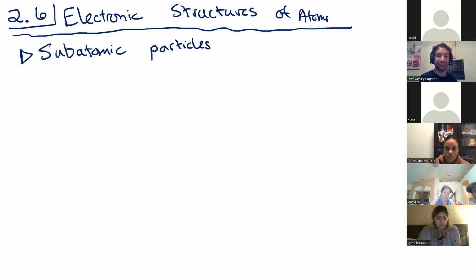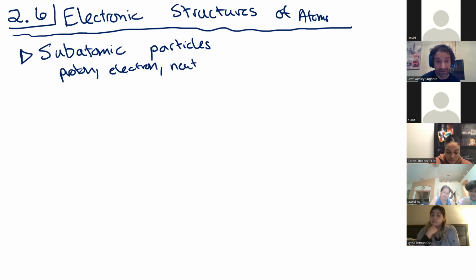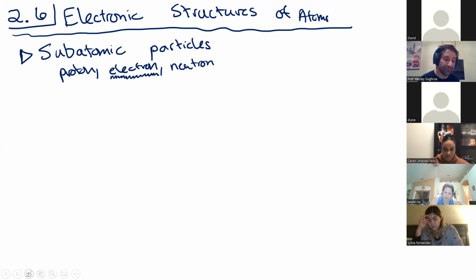The atomic number is incredibly important. Subatomic particles: you've got the proton, the electron, and the neutron. Those are described in the previous sections and in the previous lecture that I recorded. I'm not going to go into great detail about them. This lecture will focus on the electron, but I want to review these things briefly and point out what I've already covered in lectures that you will soon have access to.